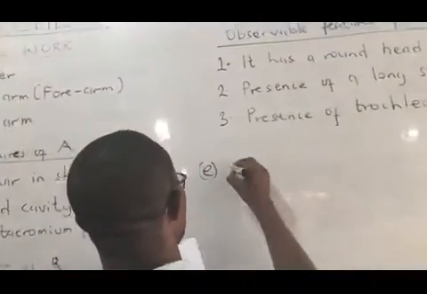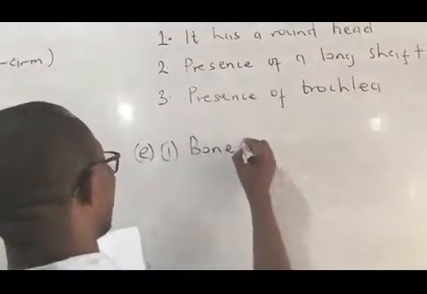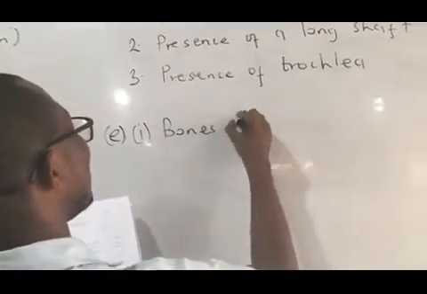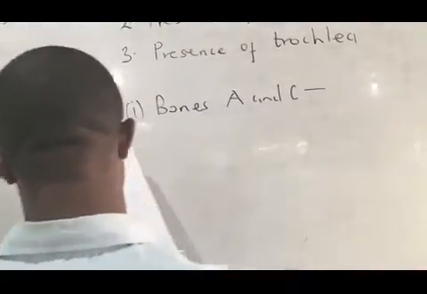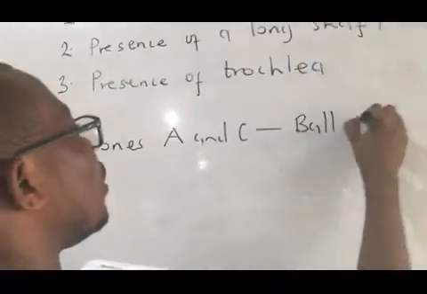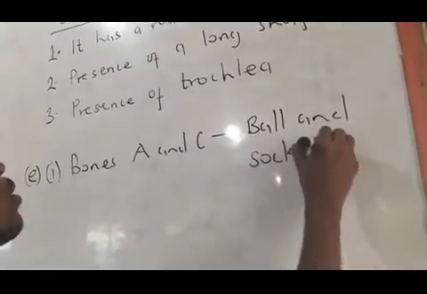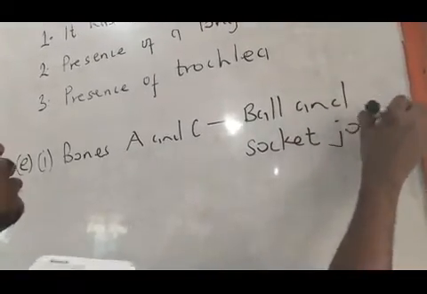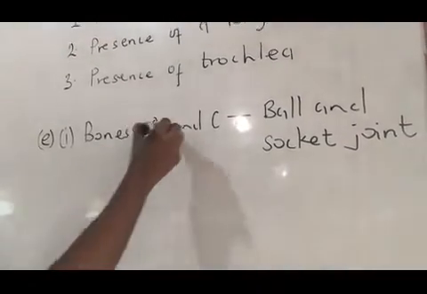So for bones A and C, we call it the ball and socket joint.